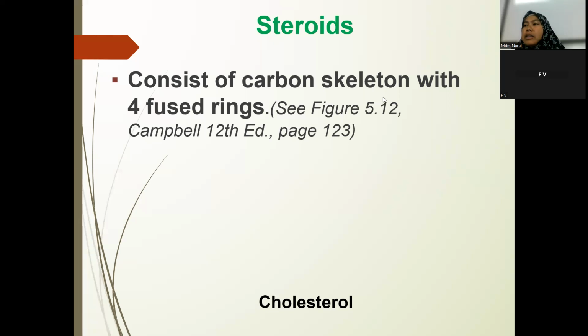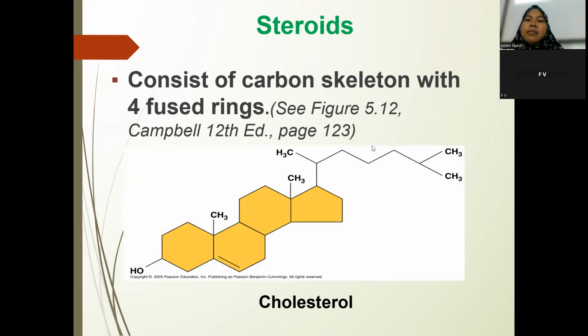All right, so let's continue with the third type of fat, which is steroid. Okay, so steroid structure is basically made of cholesterol structure.